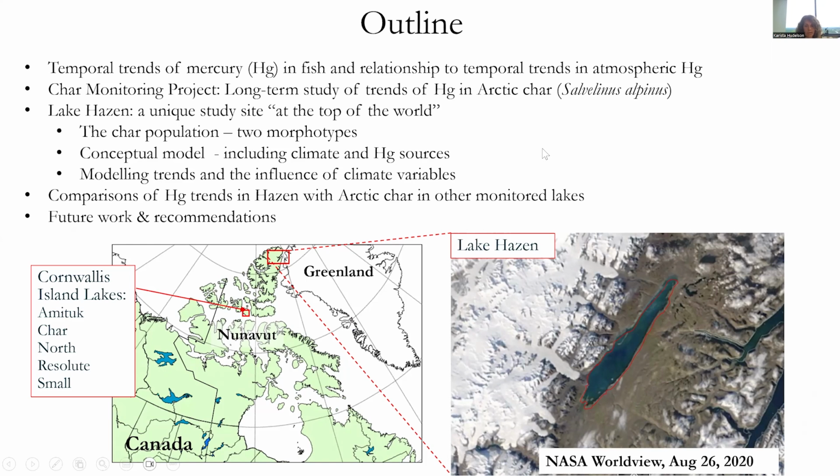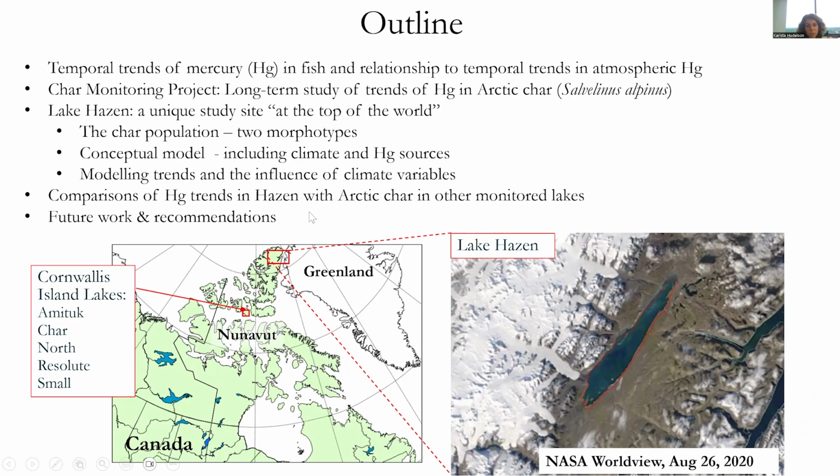And we incorporated climate variables as well as mercury sources, which I'll get into soon. And then we developed statistical models based on our conceptual models to really hammer out the influence of the climate variables and the different sources of mercury to the char.